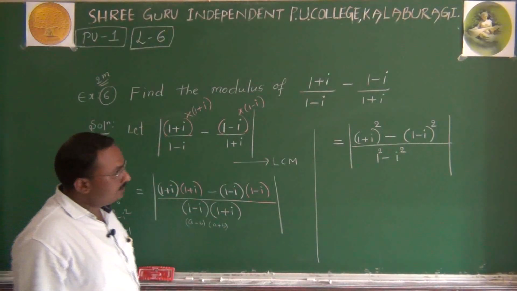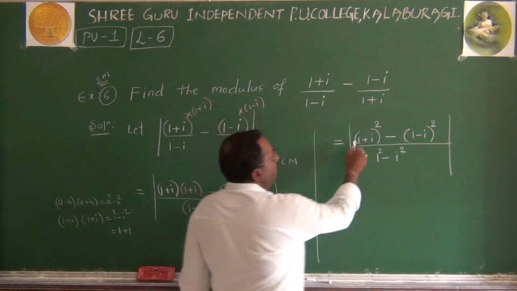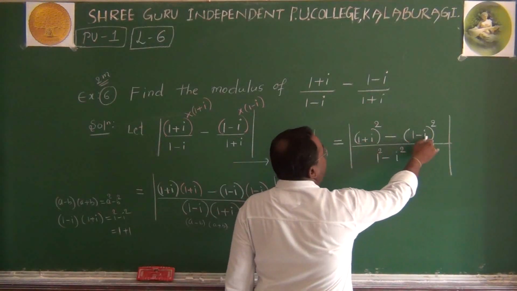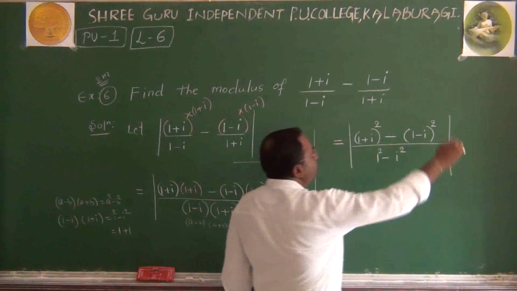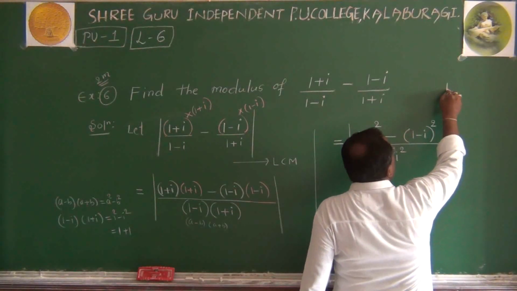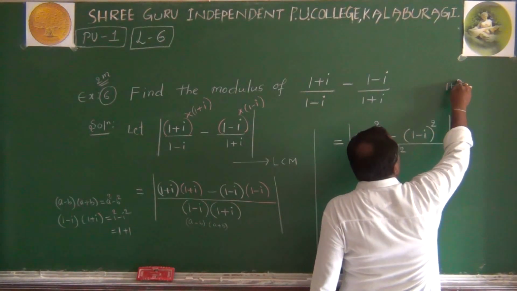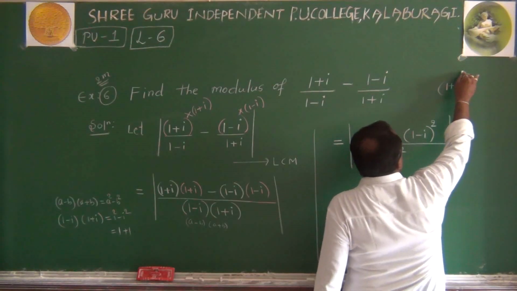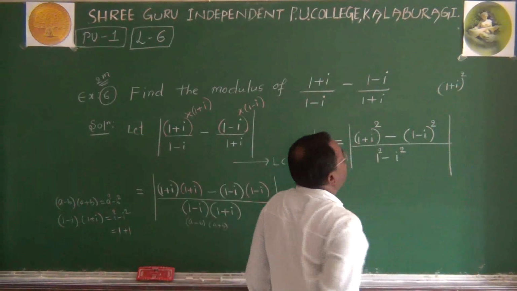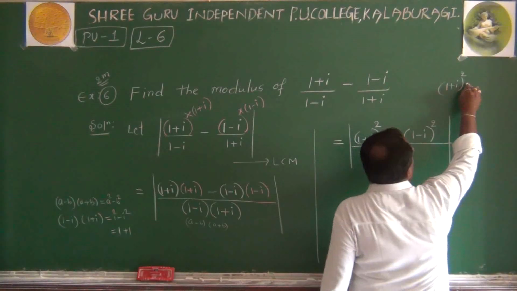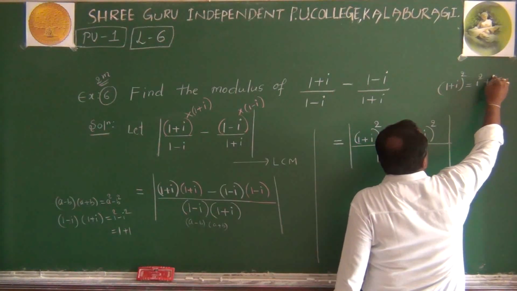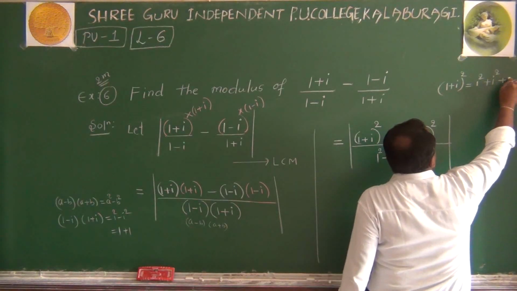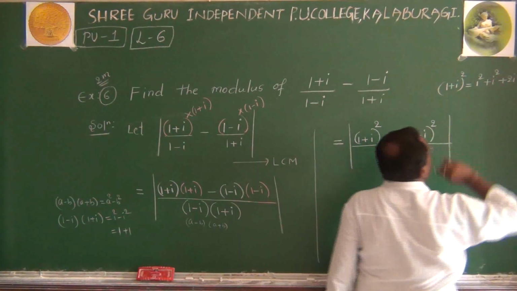Next, here is (a plus b) whole square and (a minus b) whole square. Do you know the formula for (a plus b) whole square? A square plus b square plus 2ab.